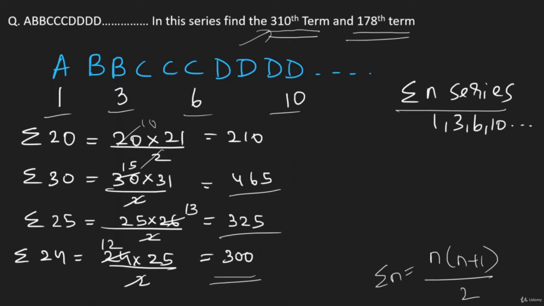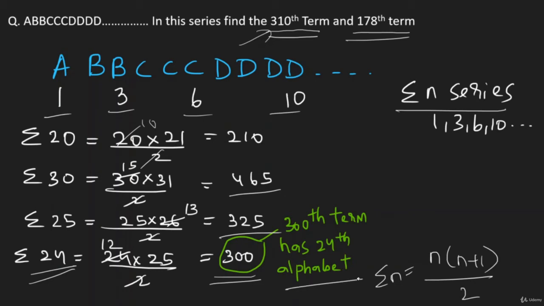It means that the 300th term has the 24th alphabet, right? Why is that so? Over here you can see that when you take sigma n when n is equal to 2, you got the answer as 3, right? We know that. That's just 1 plus 2, which is equal to 3.